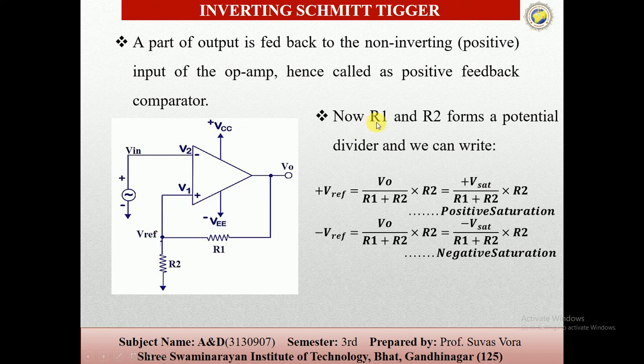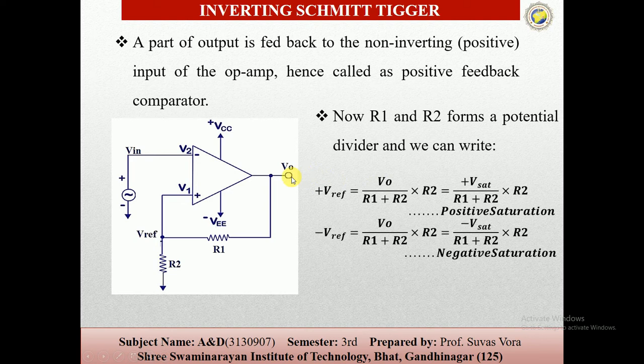The R1 and R2 form the potential divider, and we can write this equation: the reference is V0 times R1 upon R1 plus R2. So basically V0, the output, is at the saturation conditions.